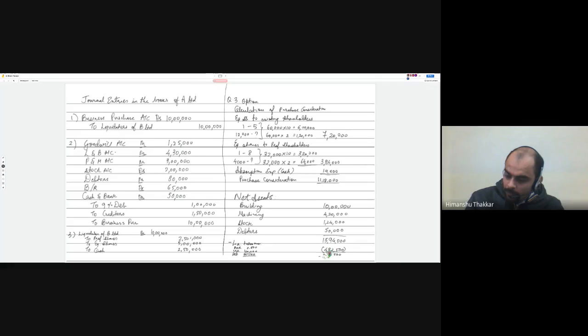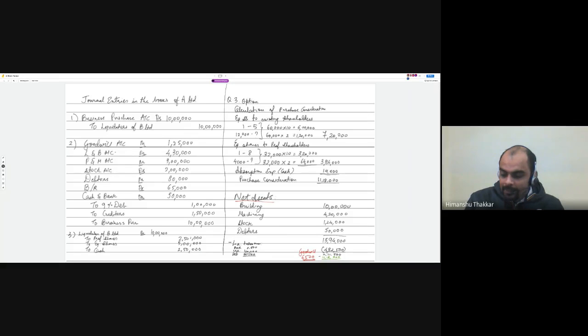The difference is 6,500. So you are paying this much more, this amount extra, so this is goodwill. So that's it for the working part.